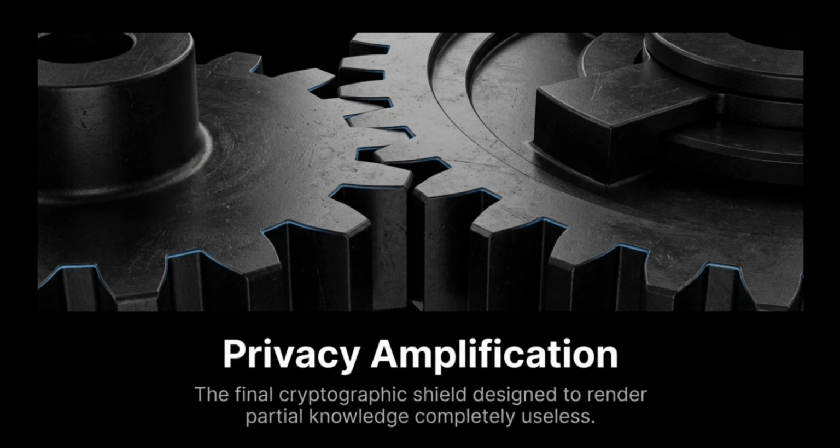While the resulting key is shorter than the original, its security is exponentially higher. The beauty of hashing logic is that if Chris is missing even a single bit of the original key, he is left with absolutely zero knowledge of the final result. The gears of privacy amplification grind down the uncertainty until only perfect secrecy remains.